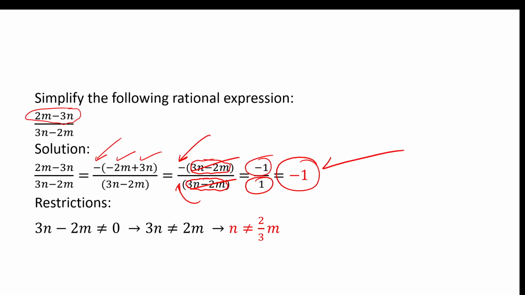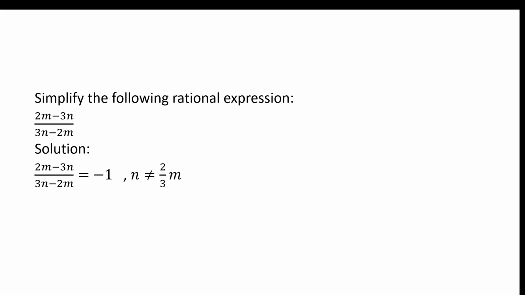The only factor of the denominator that contains variables is 3n minus 2m. We cannot let that equal 0. Adding 2m to both sides means 3n cannot equal 2m. Dividing both sides by 3 means n cannot equal 2/3 m. So if asked to simplify this, we would say the answer is negative 1, such that n cannot equal 2/3 m.